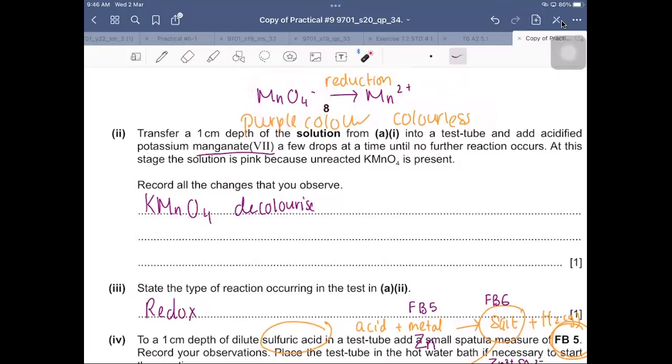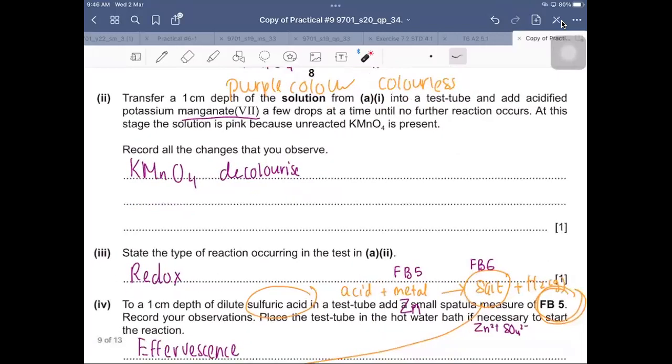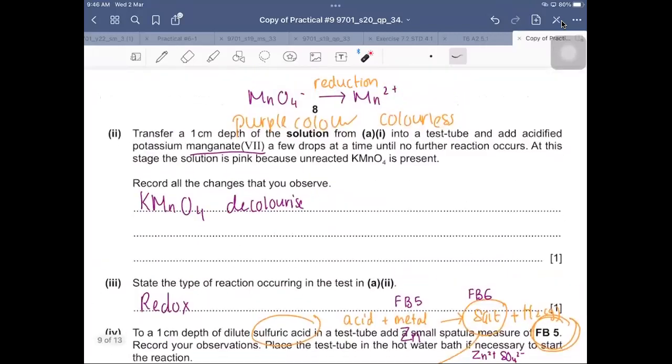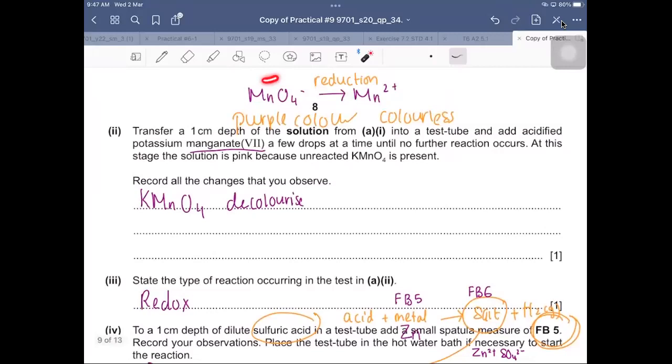This is due to the different oxidation number. So the type of reaction is a redox reaction because manganese is being reduced from +7 to +2. Hence, we call it a redox reaction.